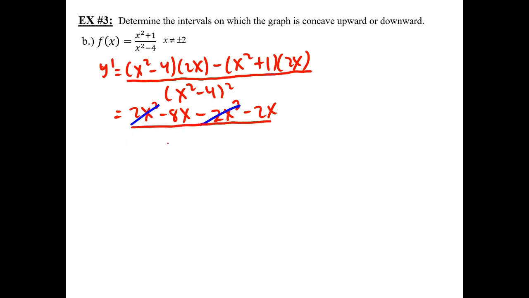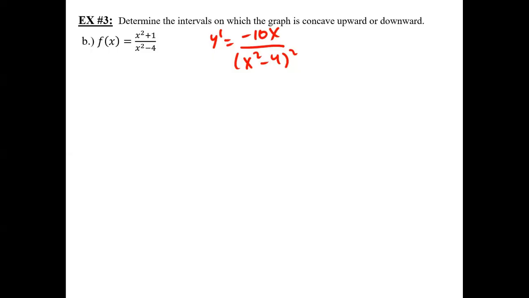All over x squared minus 4 squared equals, so we just have negative 8 minus 2 is negative 10x all over x squared minus 4 squared. Okay, so that's our first derivative.